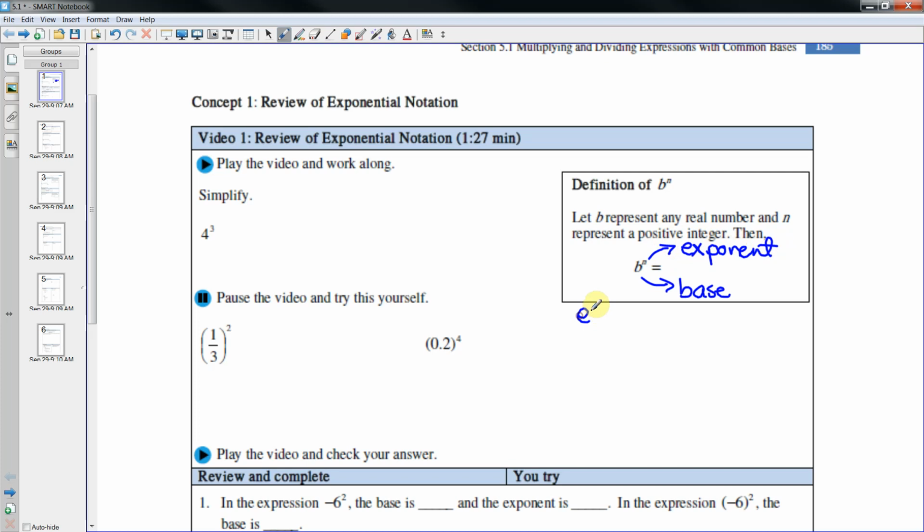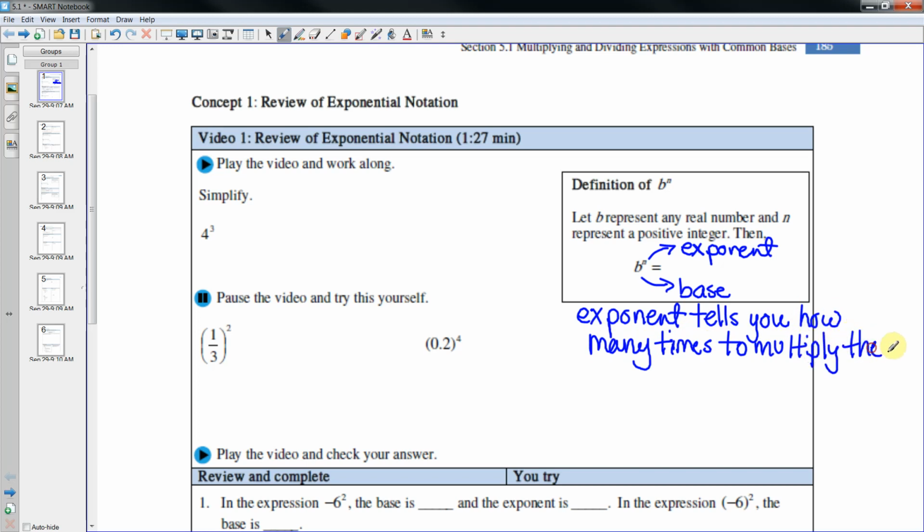And the exponent tells you how many times to multiply the base times itself.